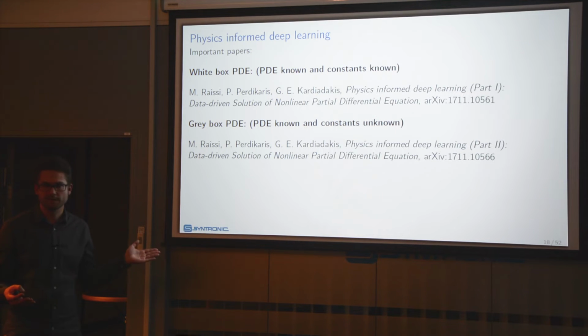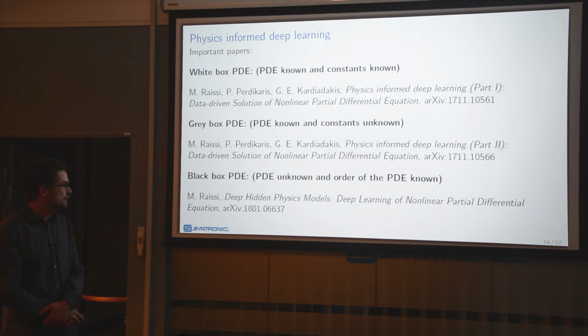Not unknown functions in the paper, just constants. And then you use the measurement data together with your simulation to train both the solution to the PDE, but also the parameters of the equation itself.